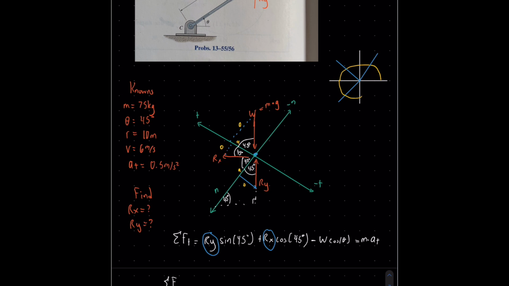The forces in the normal is going to be equal to, now notice here how the reaction in the y is pointing towards the negative normal but the positive tangential, and it's going along the adjacent side, so that means it's going to be a negative cosine of 45 degrees. Now moving on to the reaction in the x, if it's going along the opposite, that's going to be the sine.